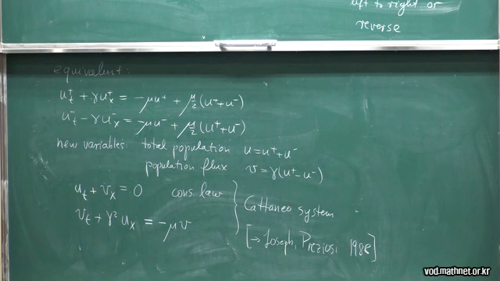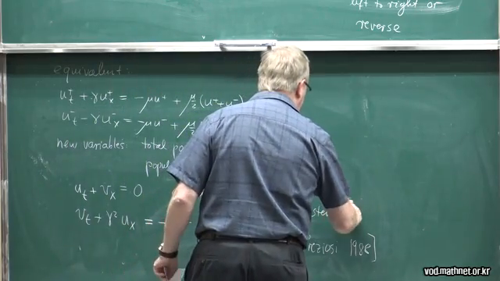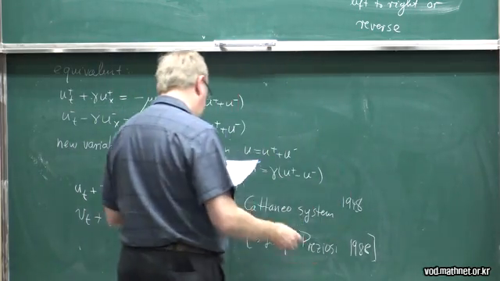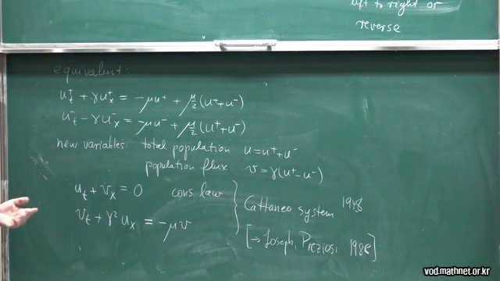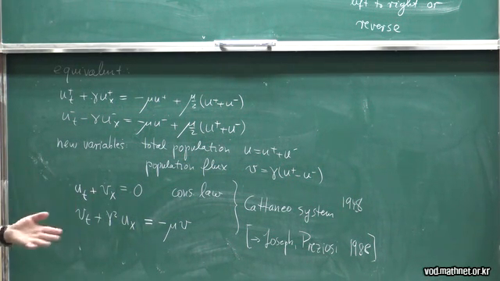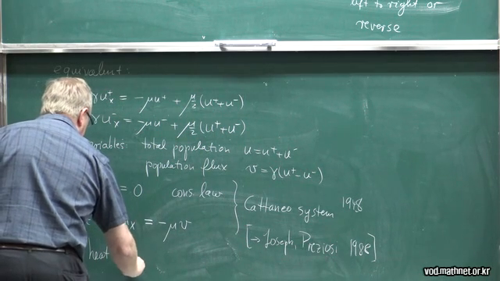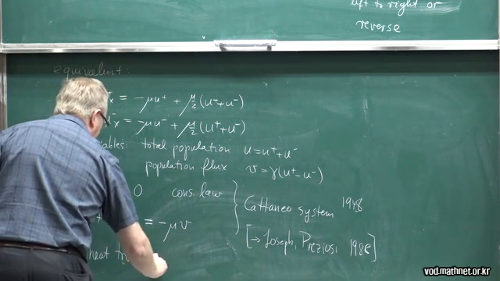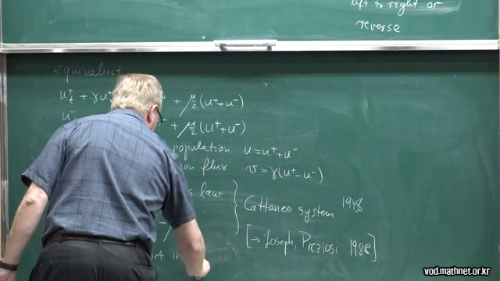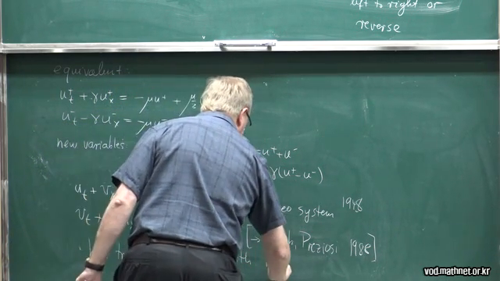Now, Cattaneo was an Italian scientist, and he wrote down this model in 1948, I think, in the context of heat transport. So this model was derived for heat transport in media with memory. So specific media. So this is heat transport with memory.